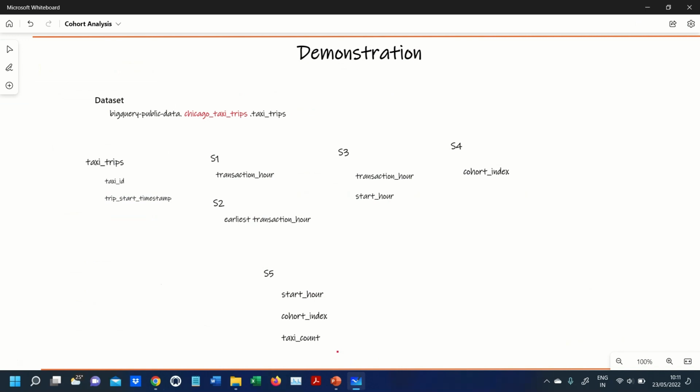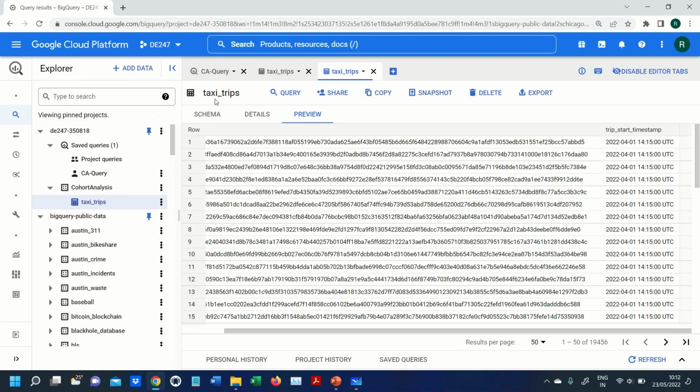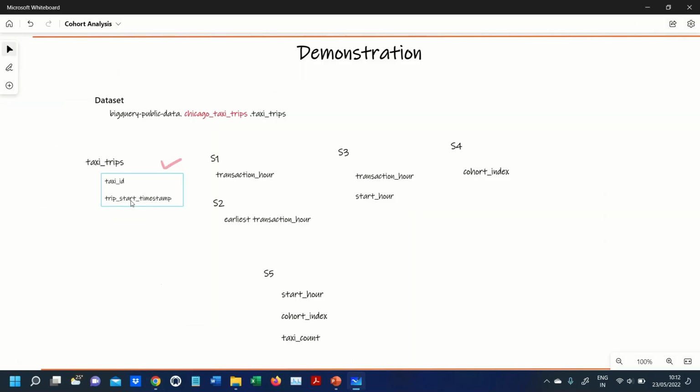From here, this particular thing is done. Now I want to create one staging table that takes only the transaction hour. Let's calculate the transaction hour from this trip start timestamp. I want to take only the transaction hour.